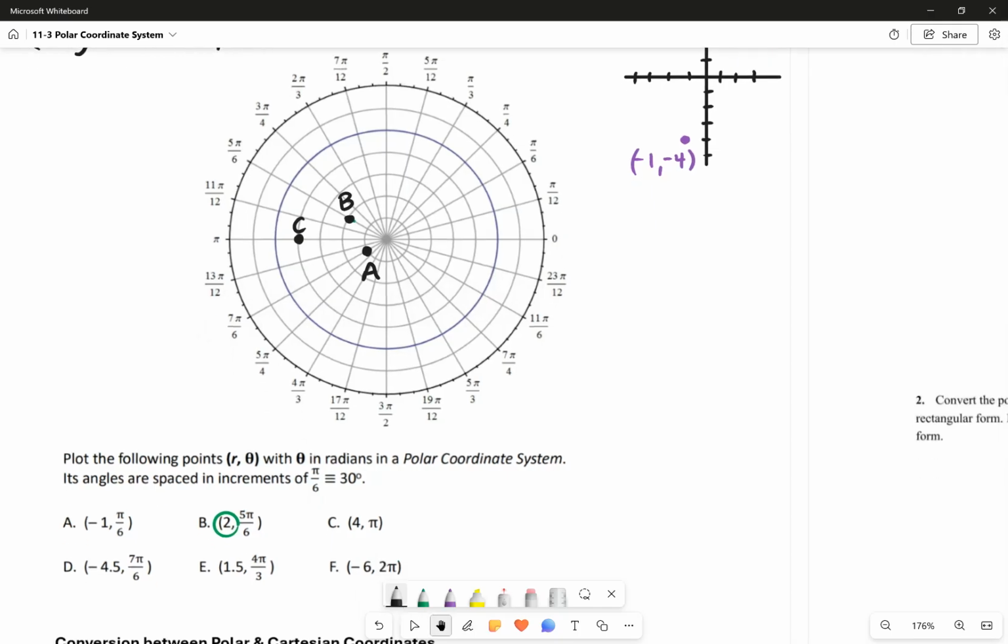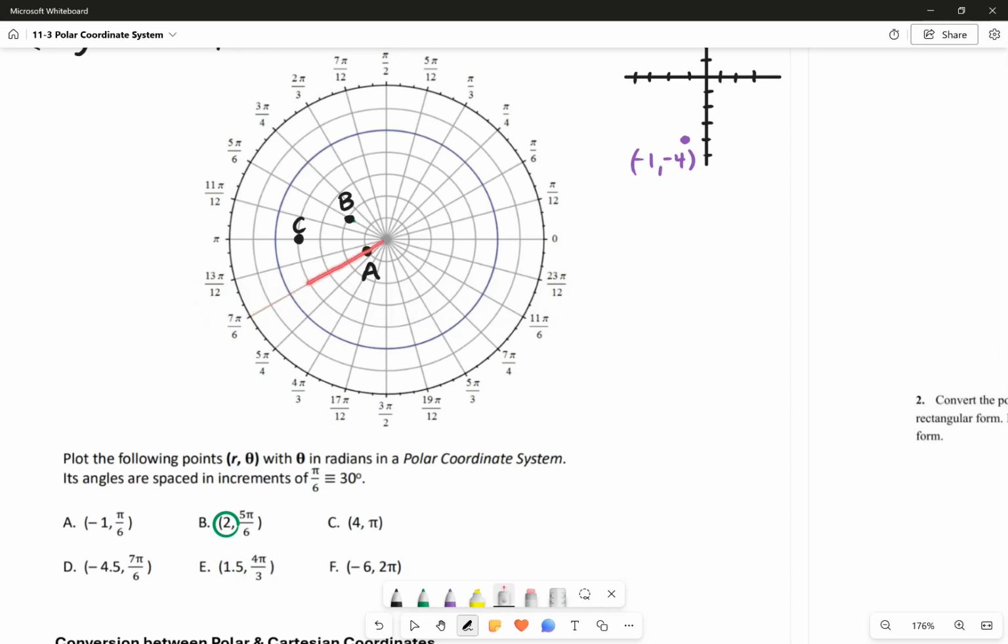Let's go to D. D is negative 4.5, 7 pi over 6. 7 pi over 6, where is it? Is right here. All right.